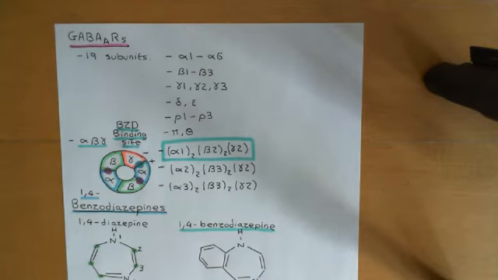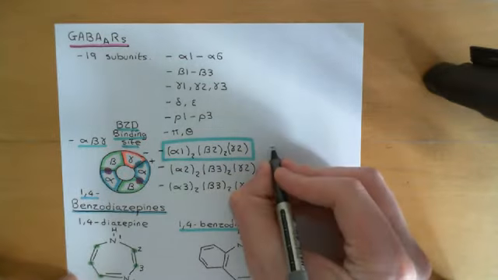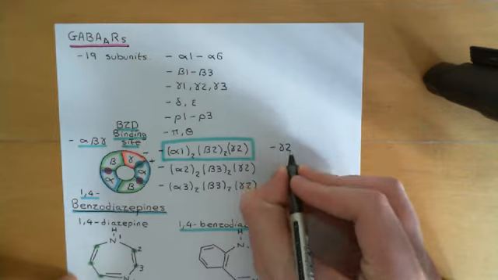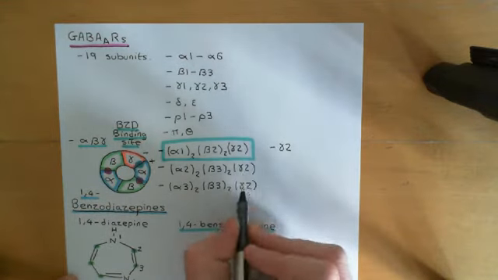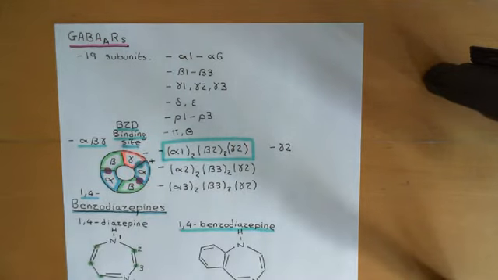Basically the gamma subunit has to be gamma 2, so that's one of the requirements. We've seen that in most of the main alpha, beta, gamma GABA A receptors that are important, gamma 2 is the gamma subunit, so we can tick that one off straight away.